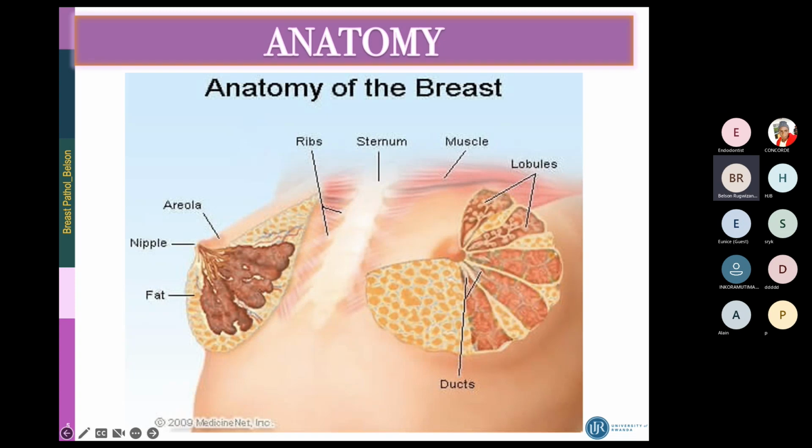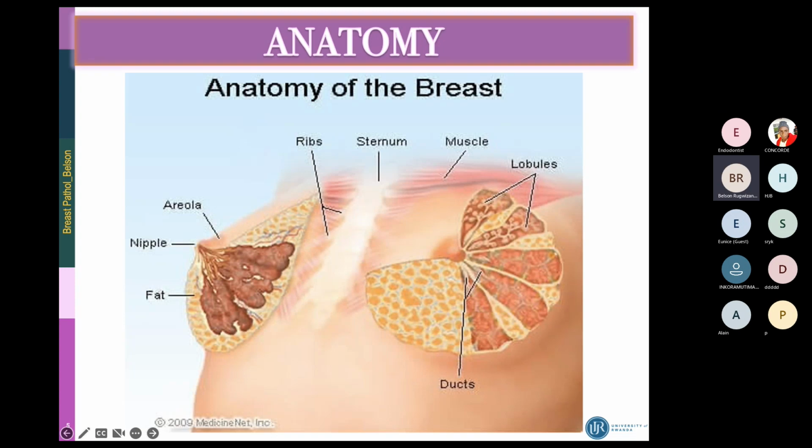Below the breast, or behind the breast, we have the muscles, and we have also the ribs as bones. The main parts of the breast: there is the breast itself, but it has the nipple and the areola.